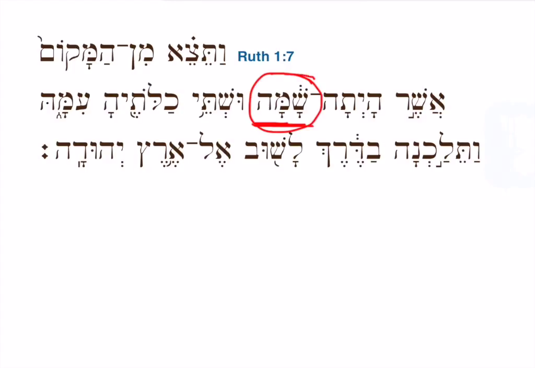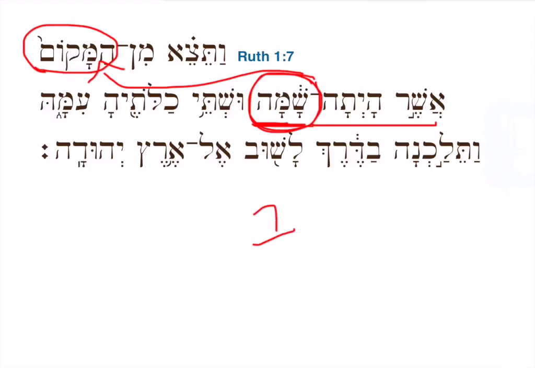Now this word "there" is referring back to "place," and so it's tying this relative clause to the word that it modifies. And in Hebrew, your relative clauses are always going to have an explicit or implicit pronoun that ties the relative clause to the word that it's modifying.